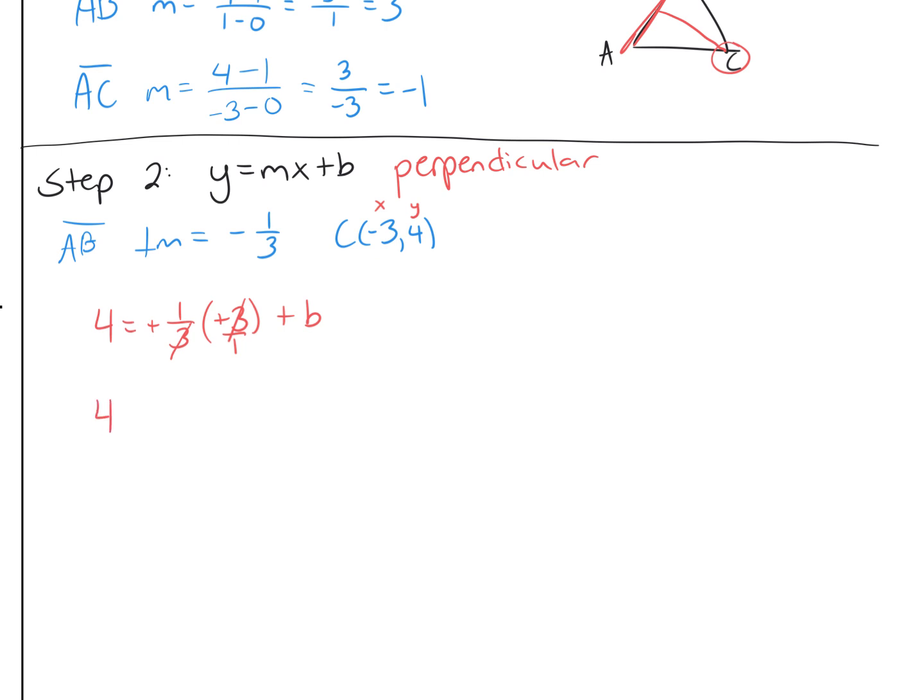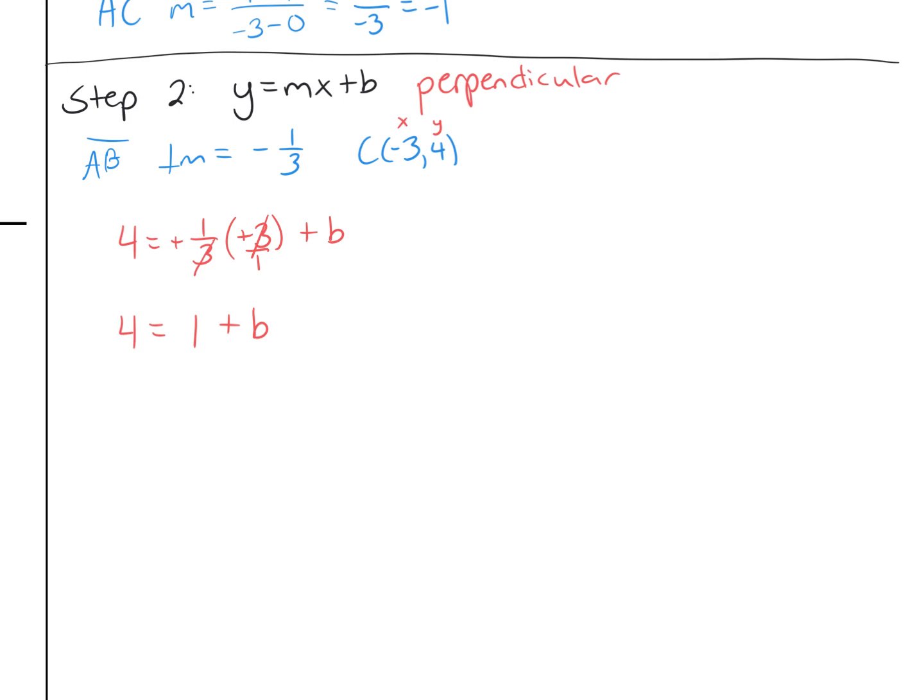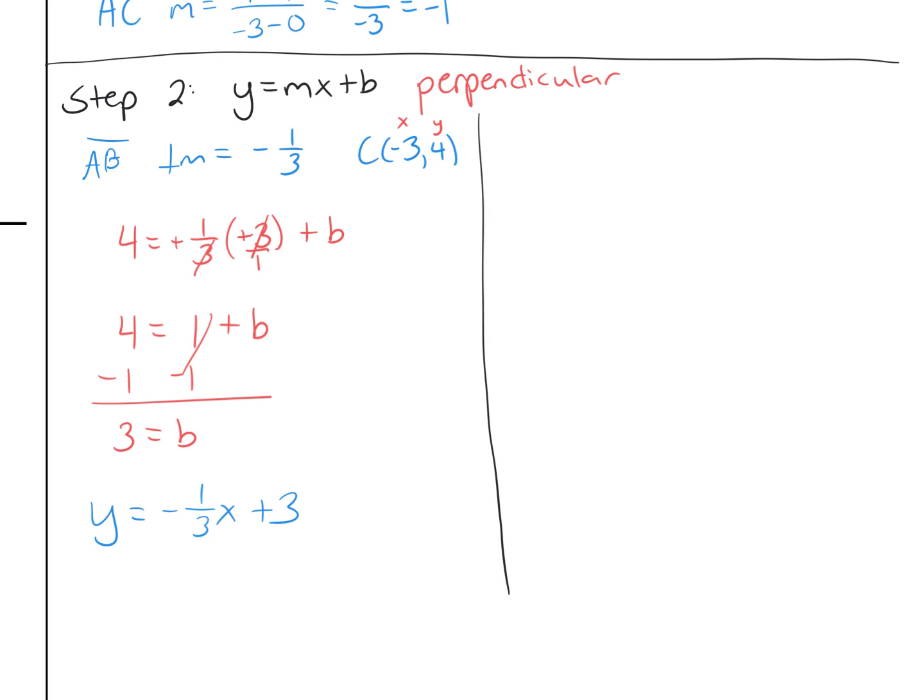So I have 4 equals 1 plus b from here. Yep. So I get 3 equals b. Don't forget to write the equation once you get to this step. What's my equation? Yes. Am I done with step 2? No, gotta do the other one.